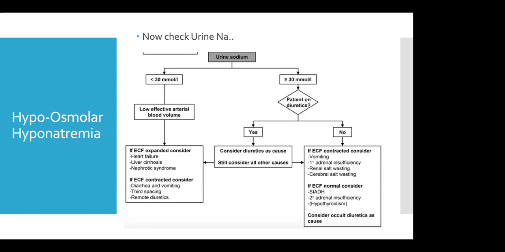If they're hypovolemic, then you consider vomiting, adrenal insufficiency, specifically primary, and the salt wasting syndromes. If they seem to be euvolemic, then you think of SIADH, as well as secondary adrenal insufficiency and hypothyroidism.